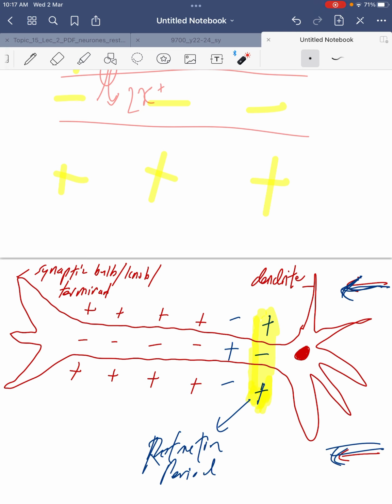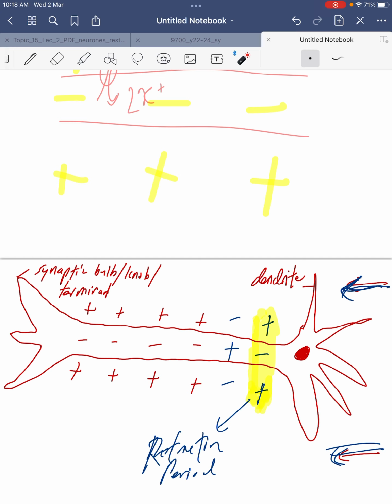But that is not the case because this is still in refractory period. So what it does is that it allows this one to pass first, and it will reach the end of the terminal at the end of this neuron. Only then this can be made positive again.